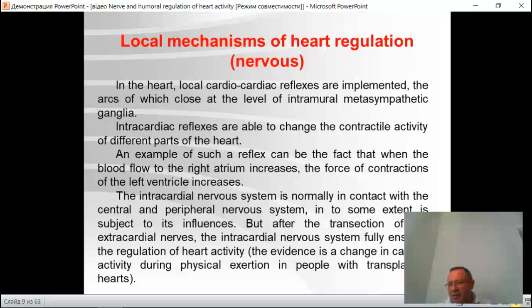But after the transection of the extracardial nerves, the intracardial nervous system fully ensures the regulation of heart activity. The evidence is a change in cardiac activity during physical exertion in people with transplanted hearts.